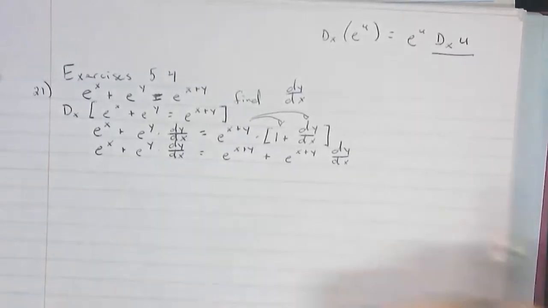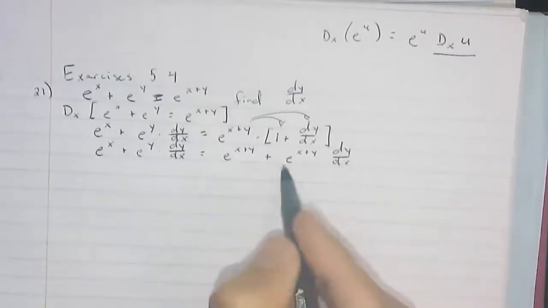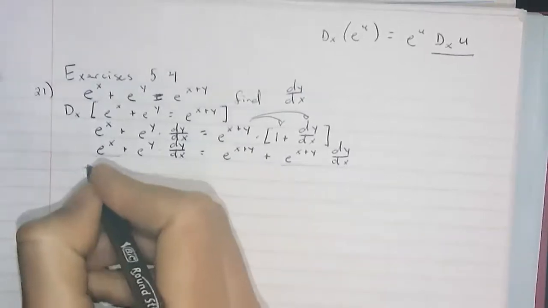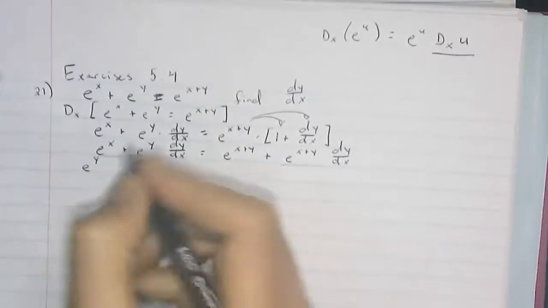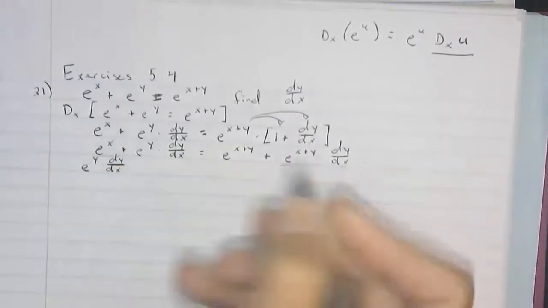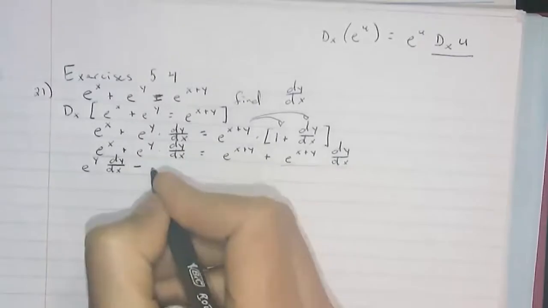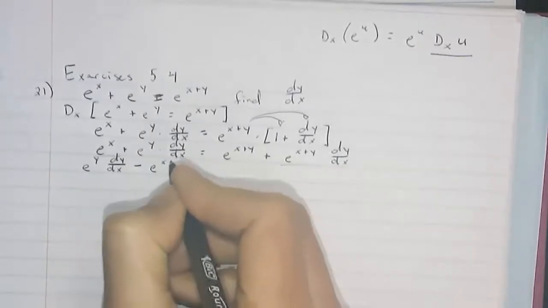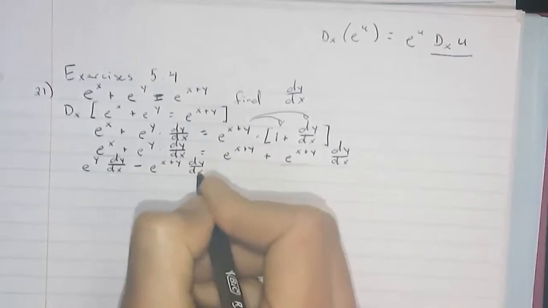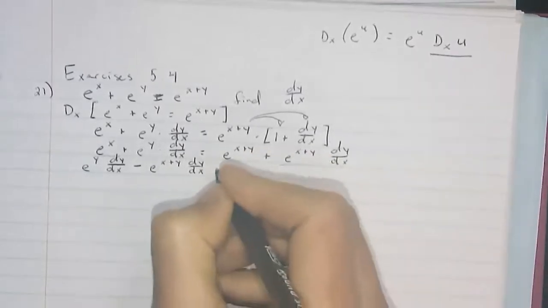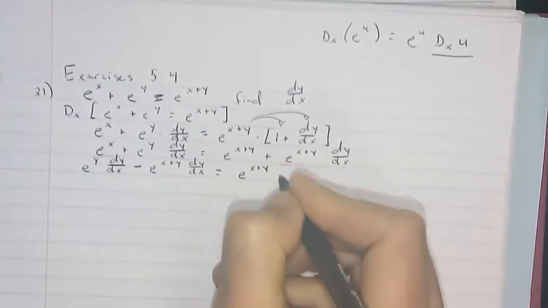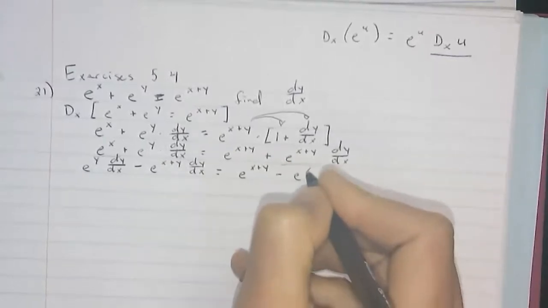So I'm going to accomplish that by subtracting this guy and this guy. And so we'll get e to the y dy/dx minus e to the x plus y dy/dx is equal to e to the x plus y minus e to the x.